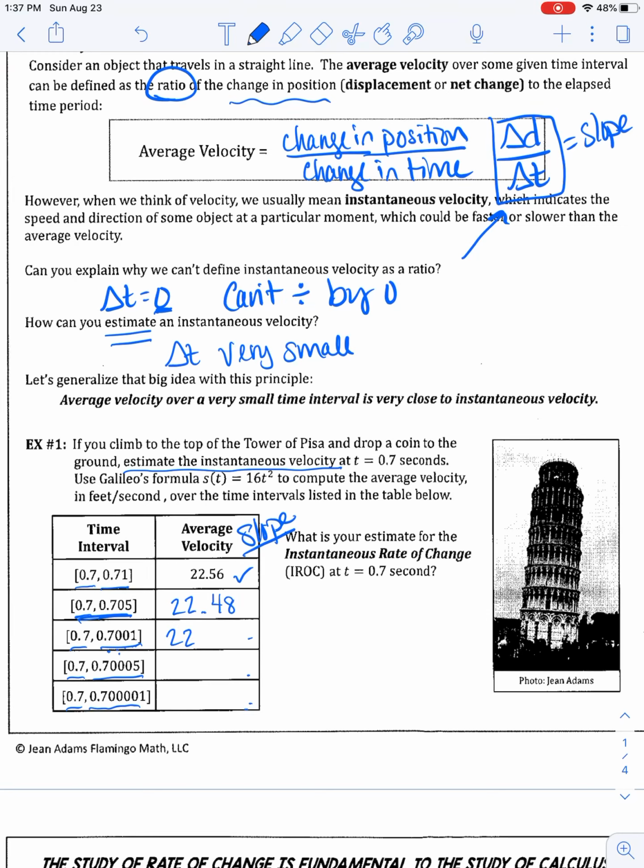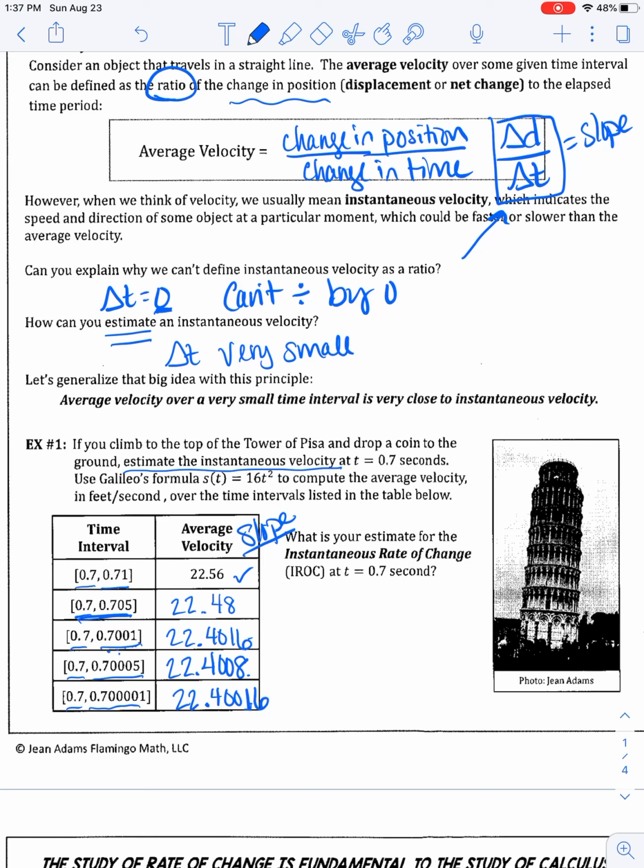This one is 22.4016. Then the next one, in changing my table and doing y minus y over x minus x, I get my slope to be 22.4008. And this one's 22.40016. Now notice I'm going forward with my decimals because I'm really trying to see what this is approaching.